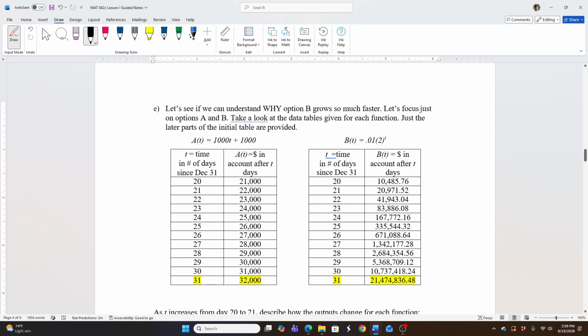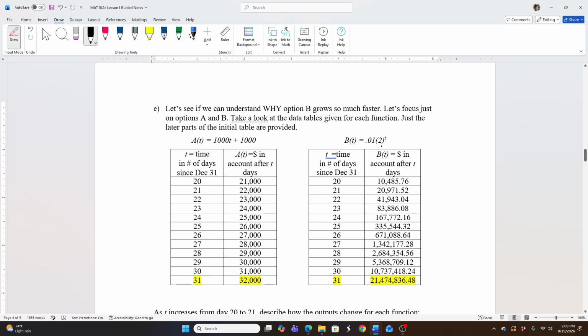Okay. Let's see if we can understand why option B grows so much faster. Let's focus just on option A and B. Take a look at the data in the tables given for each function. Just the latter part of the initial table are provided. So this is from day 20 on. And here's our function for our exponential growth.